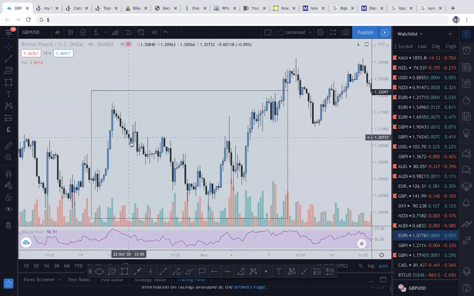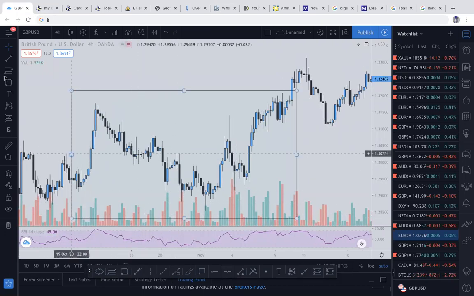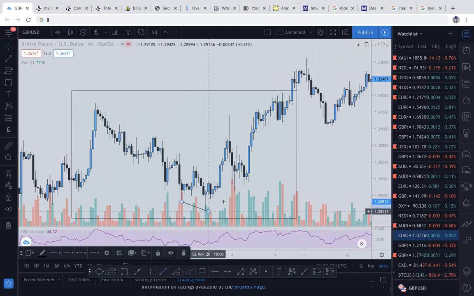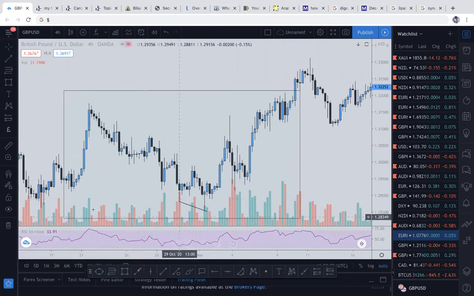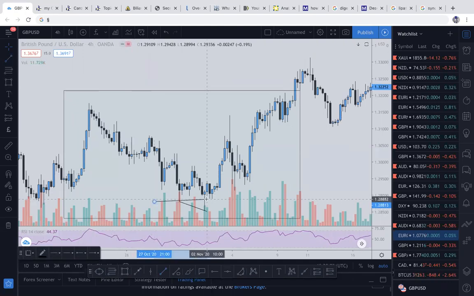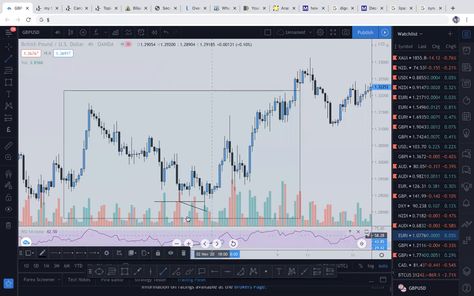In this area we were forming what? Lows, lows, lows, lows. As we got to this area, what happened? Divergence. And what happened? We swept liquidity. On my RSI, this is what I want to see in that area where there's divergence.